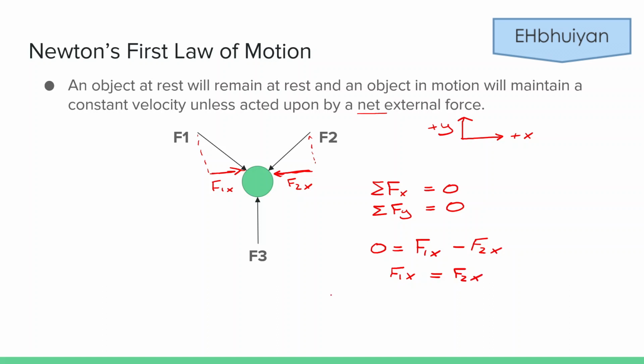F2x. And now we have to look at the y direction, because the y components of the forces must also be equal to zero. The net force must be zero. So what forces do we have in the y direction? Well, once again, we have F1, which is also pointing down, and F2, which is also pointing down.